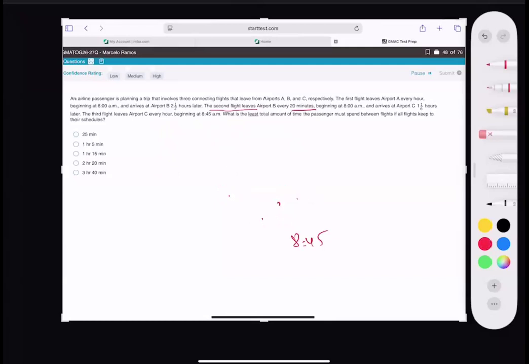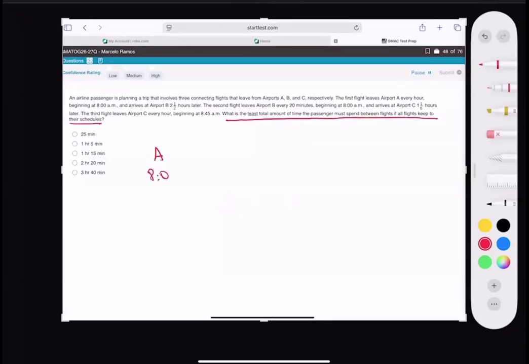So, the flight from A leaves every hour, beginning at 8, and arrives 2.5 hours later.